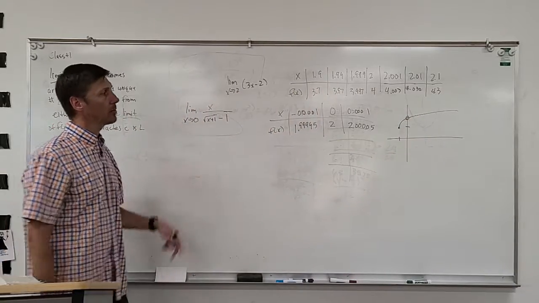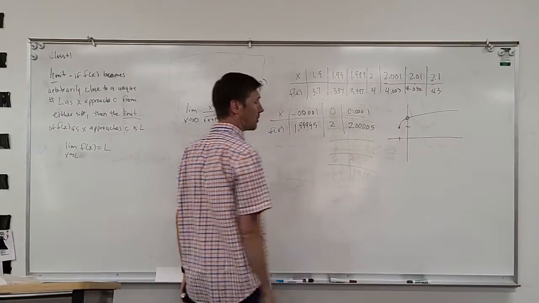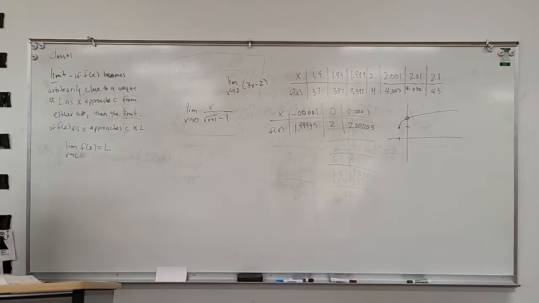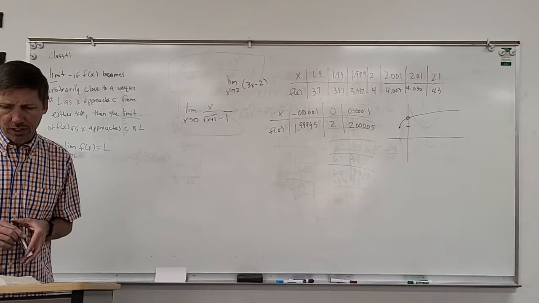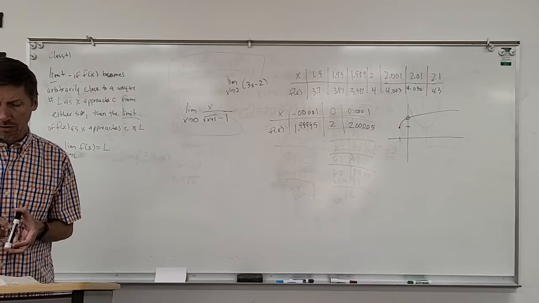But now when we do the limit, we can see that it's convergent on this point. You can tell me what the limit would be. So we still have an idea of what the function is doing, even though there's no point defined when x equals 0.